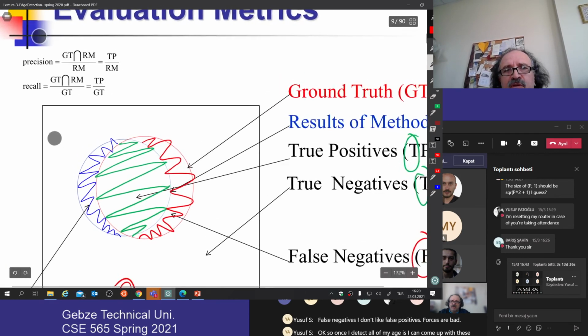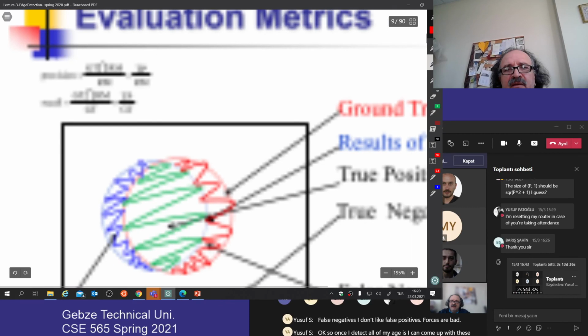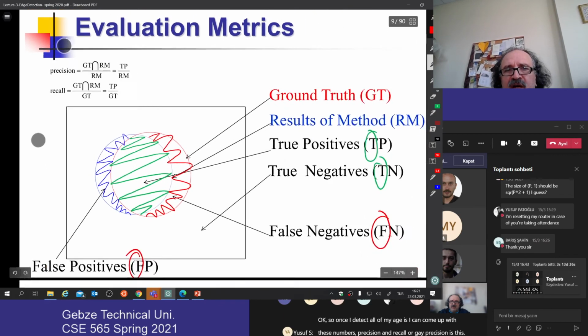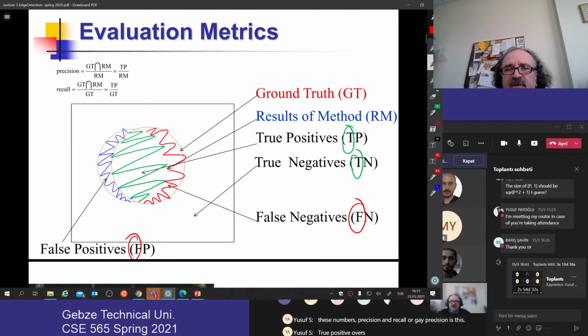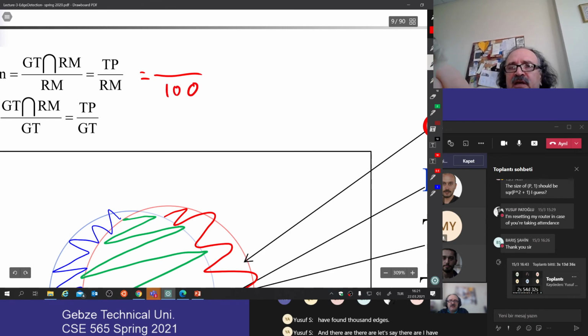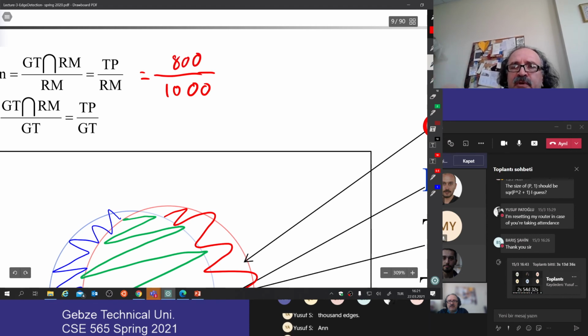So once I detect all of my edges, I can come up with these numbers, precision and recall. Precision is true positives over the result of the method. Let's say I have found 1,000 edges, and 800 of them are true positives.